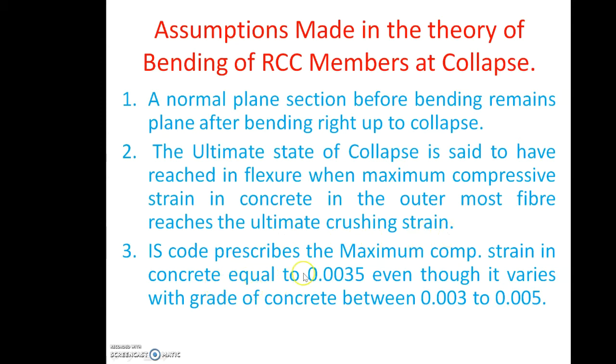The IS code prescribes the maximum compressive strain in concrete as 0.0035, even though it varies with grade of concrete between 0.002 and 0.005. So we will assume that the maximum compressive strain of concrete is 0.0035.